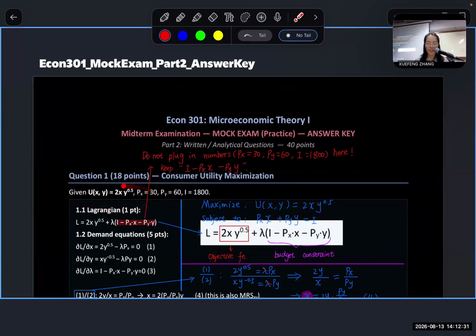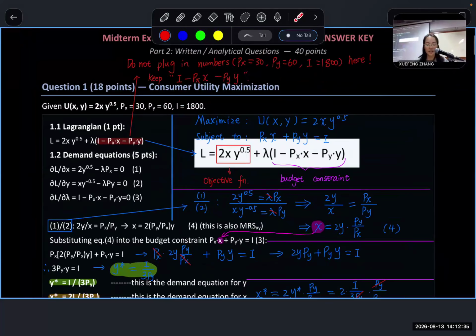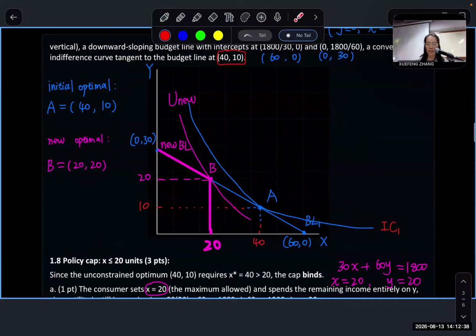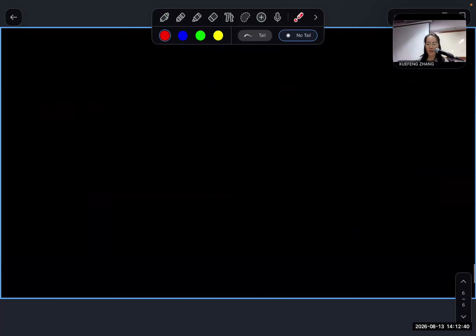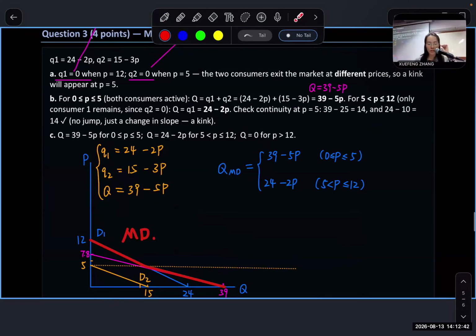But I'm going to change the utility function. So make sure you can do this. Work out by yourself. If you need help, send me a message through Mango.